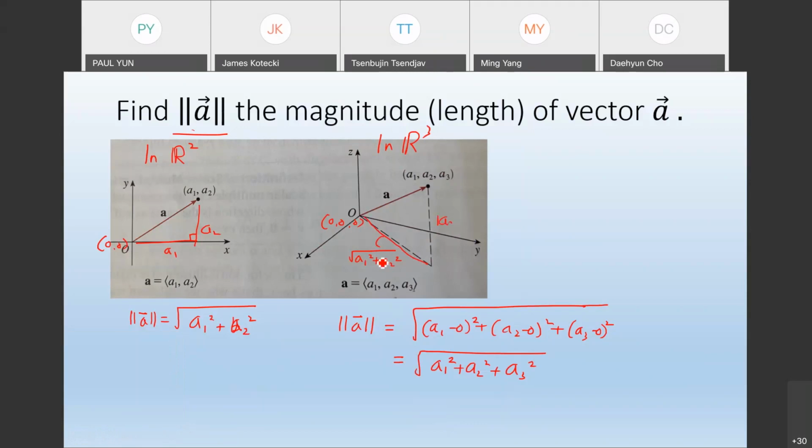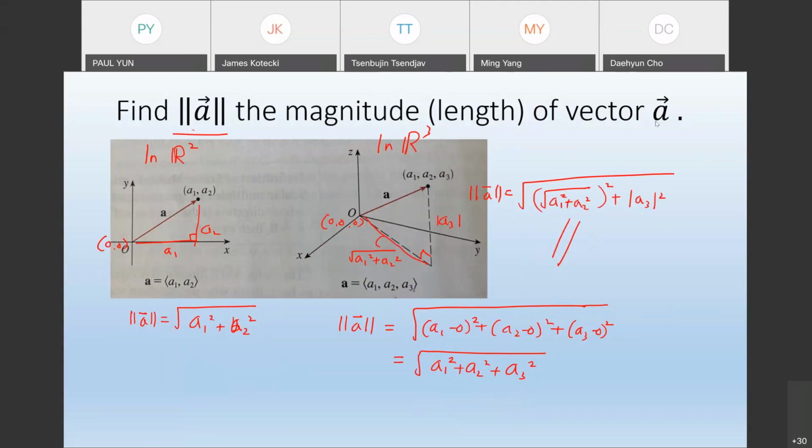So Pythagorean, right? So this magnitude of A turned out to be by the Pythagorean theorem. Yeah, right?